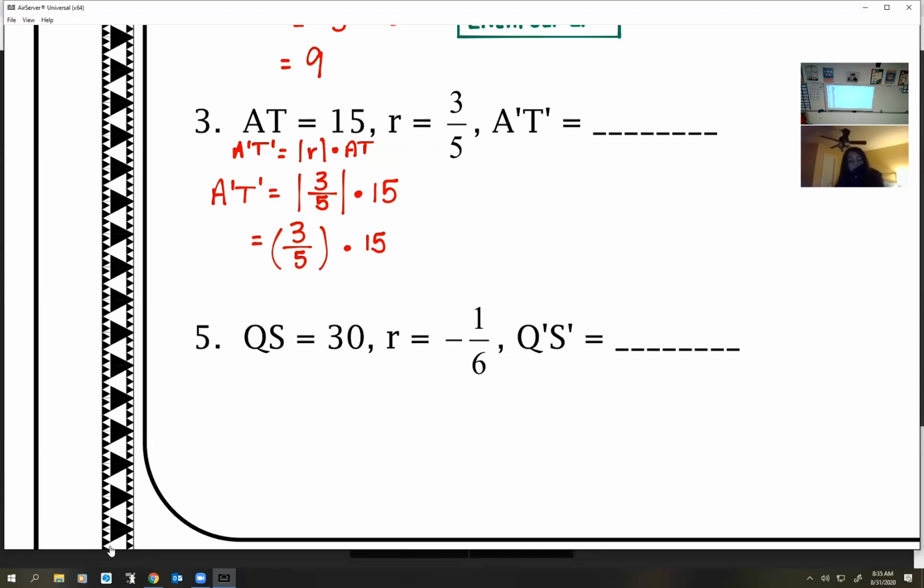How many times does 5 go into 15? 3. 5 goes into 5 once. 5 goes into 15 3 times. So you calculator folks, what'd you get? 9. Us freehand math folks, what'd we get? 3 times 3 gives me 9.